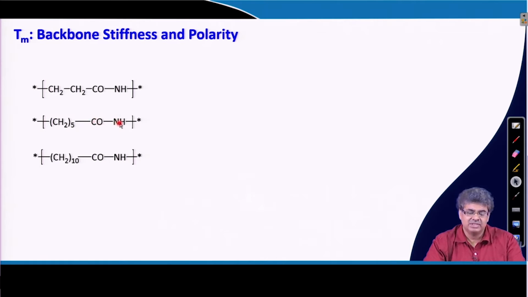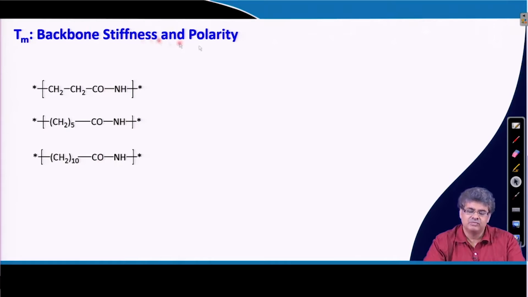Now, these groups actually increase the intermolecular attraction because of hydrogen bonding possible between the amide groups. Hence, going from this molecule to this, we are also decreasing the polarity and intermolecular attraction between the polymer chains.